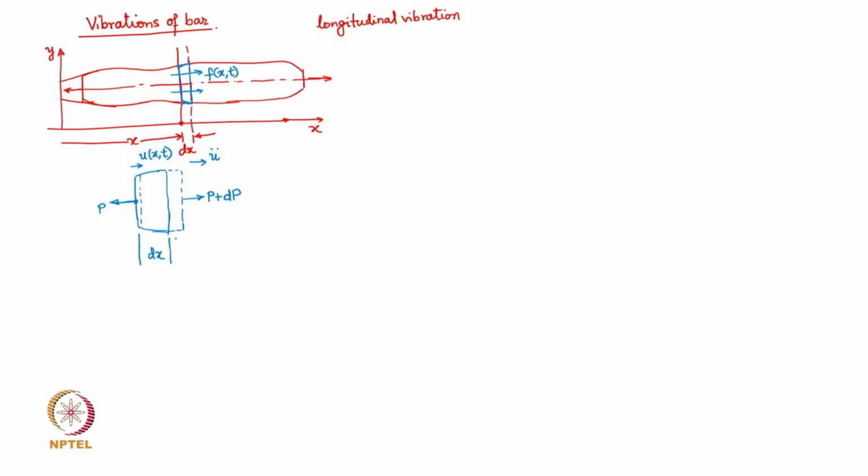So now if you see the total mass of this element, it is going to be rho of x. It's the density at a position x. The cross section of the bar is A, that also may vary with x distance. So therefore I can write the cross sectional area A at position x.